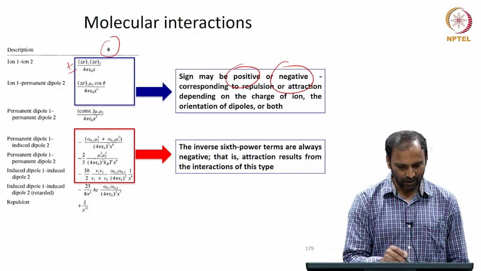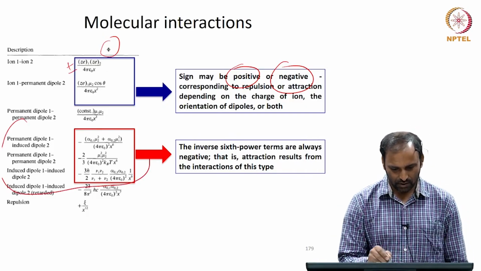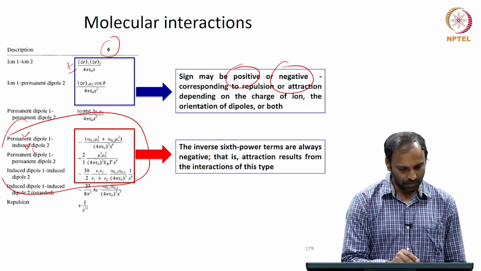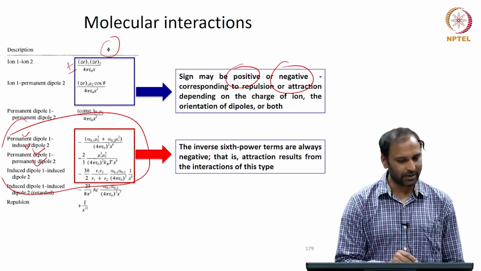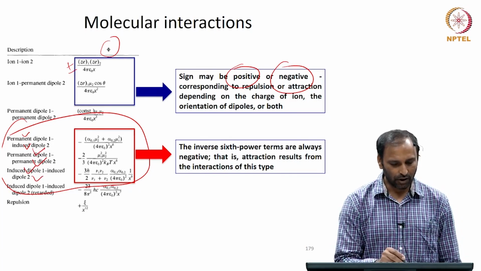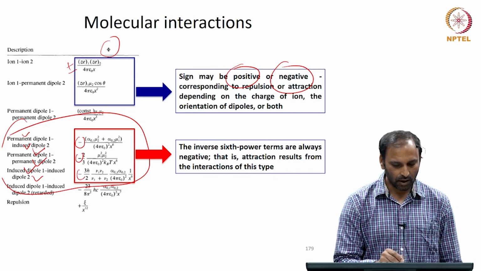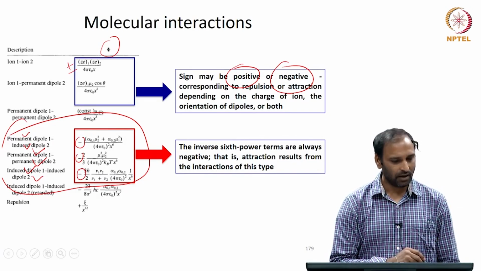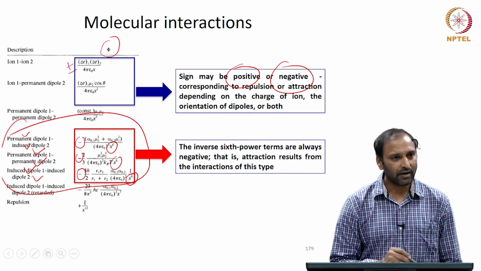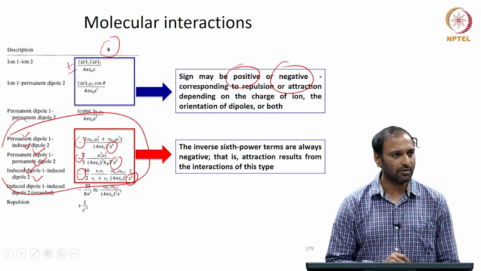However, there are a few entries which are marked here: the permanent dipole induced dipole interaction, the permanent dipole interactions, and the induced dipole interactions. They are always attractive, and all of them have 1 over x power 6 dependence.